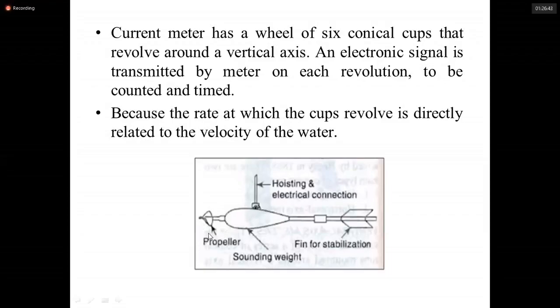If these cups are rotating according to the movement of water, the signal is transmitted through this and it will display in the meter. So it will give, at a particular time, how many times these conical cups are rotating, because the rate at which the cups revolve is directly related to the velocity of water.